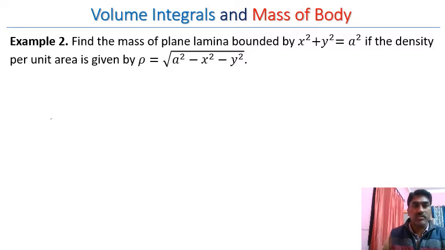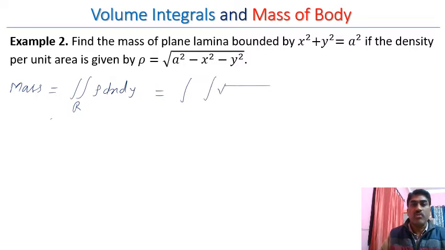So mass is equal to the integral over the region R bounded by the circle, meaning the disk, of rho dx dy. So this will be the double integral of the square root of a square minus x square minus y square dy dx. And what are the limits?